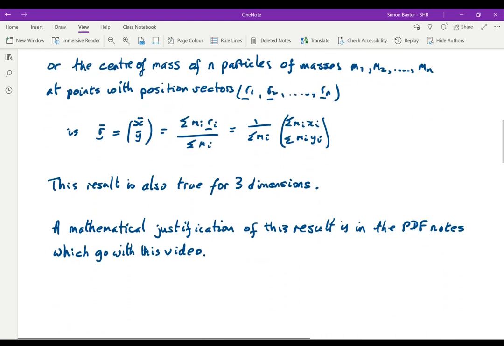This result is also true for 3 dimensions. A mathematical justification of this result is in the PDF notes which accompany this video.